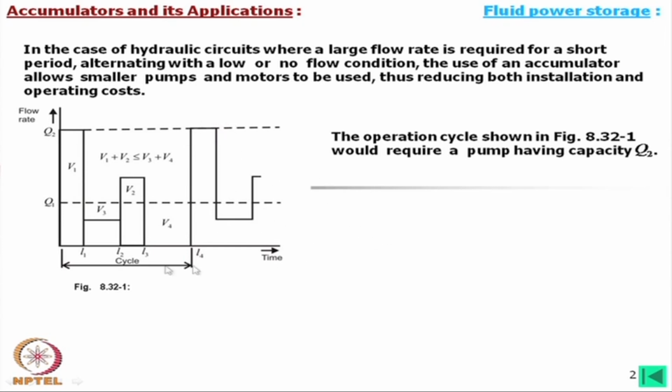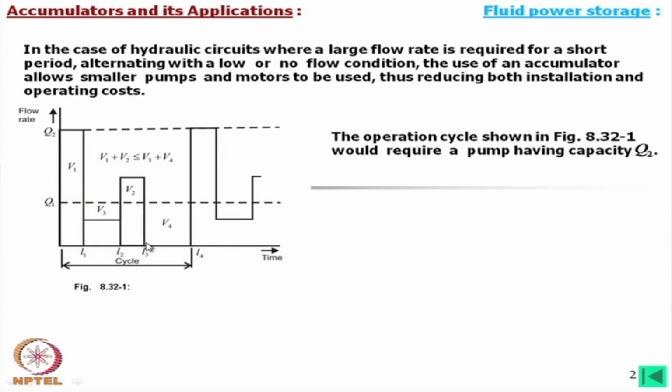It goes on like this. This is one cycle, then the next cycle is similar. In that case, we also consider V1 plus V2 is less than V3 and V4. Here V4 apparently is 0, and this is the duration of such volume.